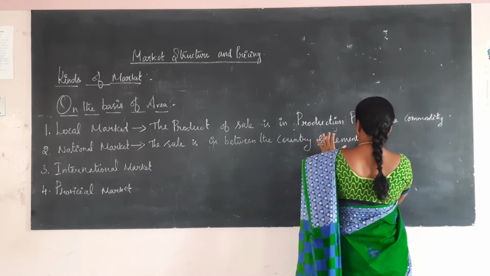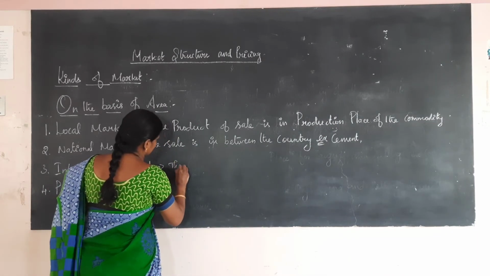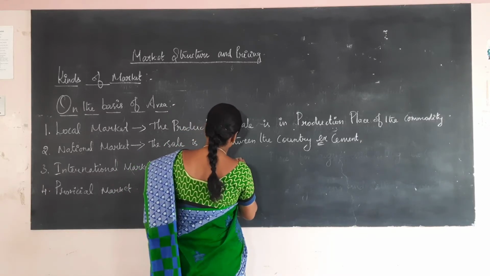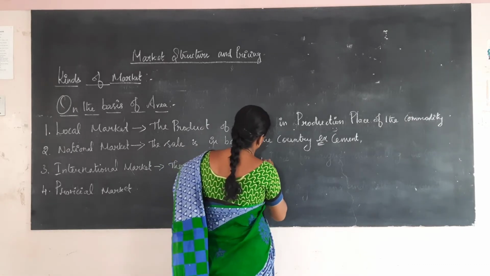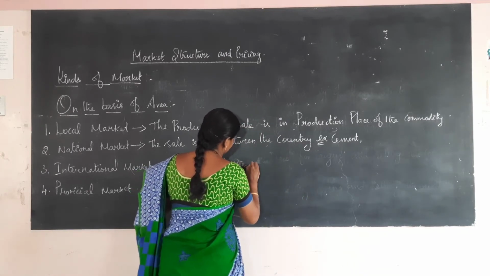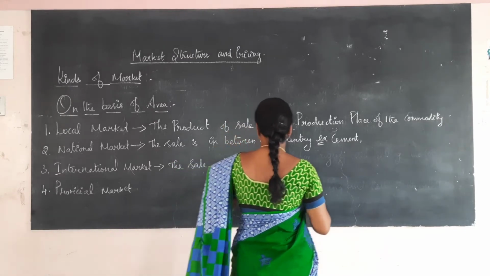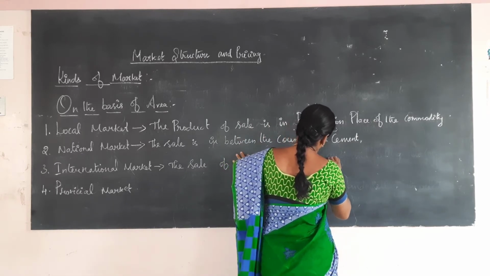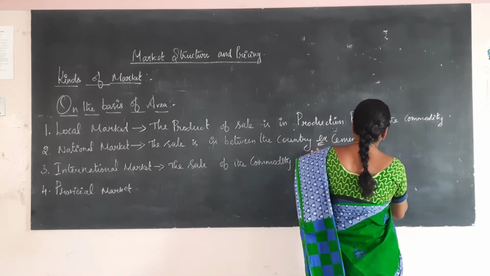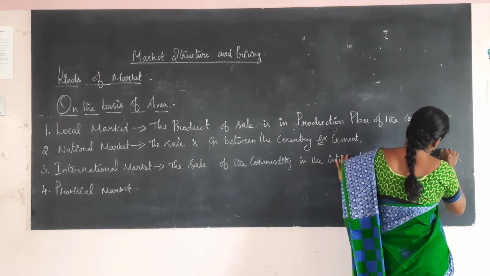Then international market: the sale of the commodity is at the international level. Example, gold mine. Then provincial means the products sold within the provincial area. Example, newspaper.